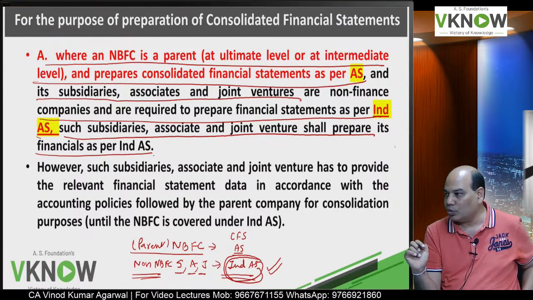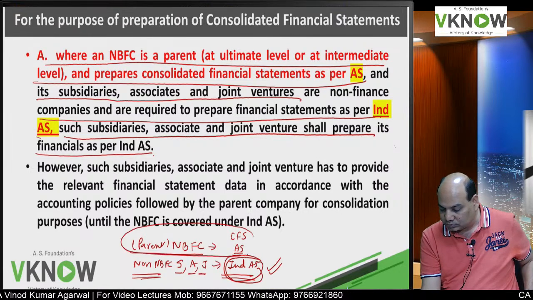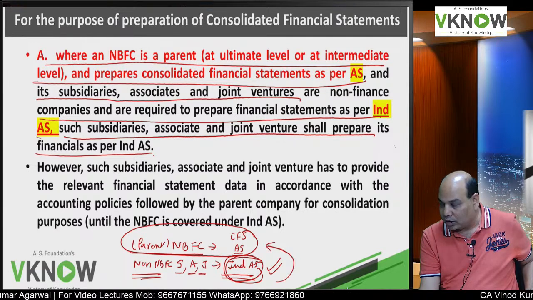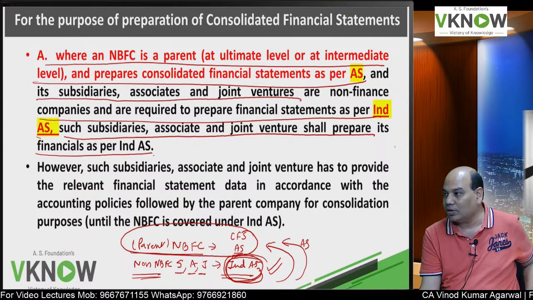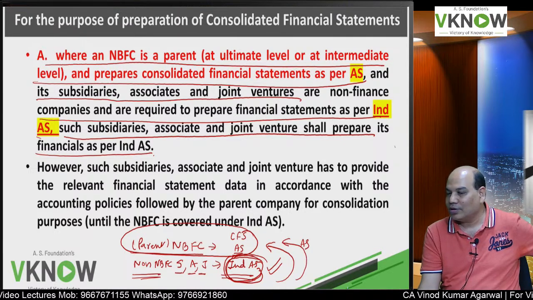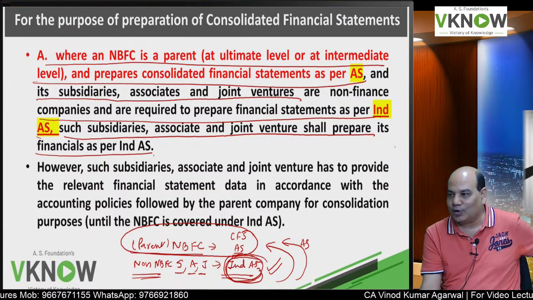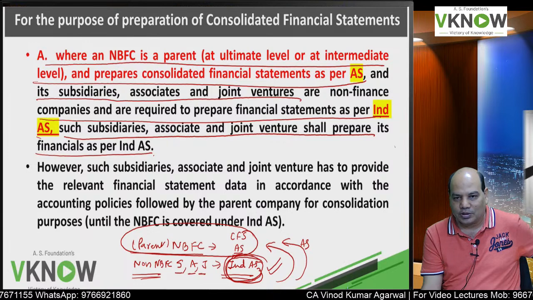Now the question is, for consolidation purpose here, whether Ind AS will be consolidated here or they will have to prepare one more set of financial statement which is based on AS, or whether NBFC should follow Ind AS. NBFC can't follow Ind AS unless it falls under roadmap.